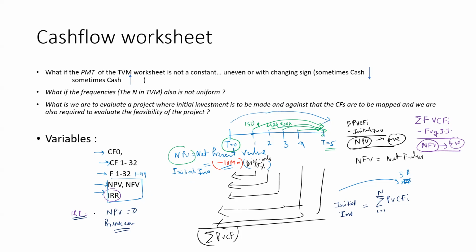The internal rate of return is that rate of return at which the net present value becomes 0. Net present value becoming 0 means the initial investment will equal the summation of all the present values of the future cash flows.